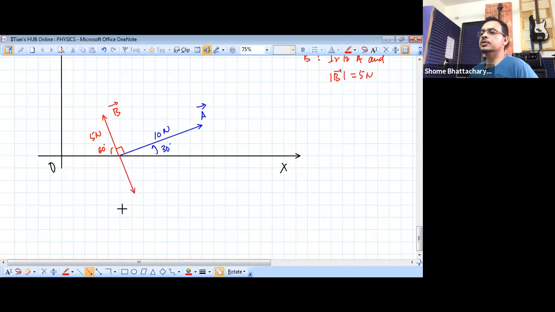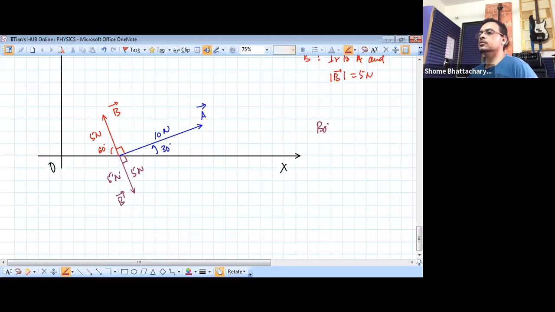So there are two possible vectors. Let me represent this with a different color so we don't get confused. So there are two possible vectors, let's say B and B prime, which have the same property, that they are 5 newtons in magnitude.